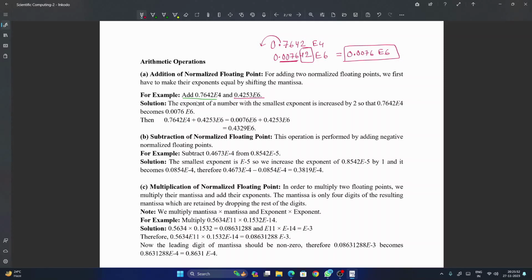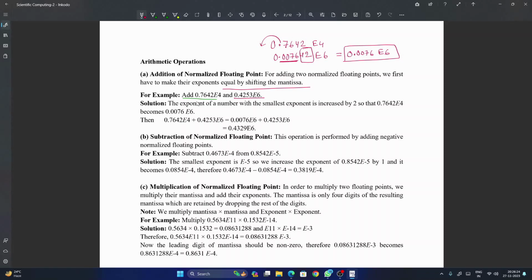So first of all, you have to make the exponents equal by shifting the mantissa, and make both terms with the same exponent, and if possible with the largest exponent. Then it will be 0.0076 e6 plus 0.4253 e6, and then it will be 0.4329 e6.